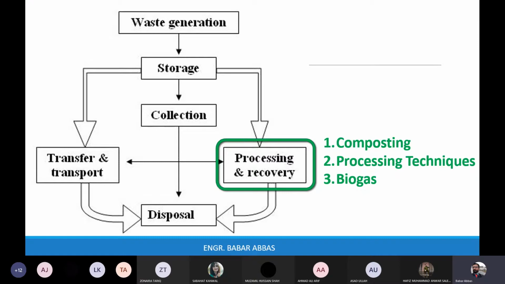Today we will be discussing the biogas production setup along with its designing and the parameters involved in biogas production, and its benefits in terms of the reduction of solid waste, as well as the reduction in the emissions of the different gases being generated from the disposal sites, as well as obtaining the energy source from the solid waste.